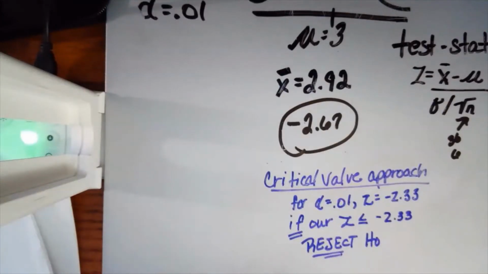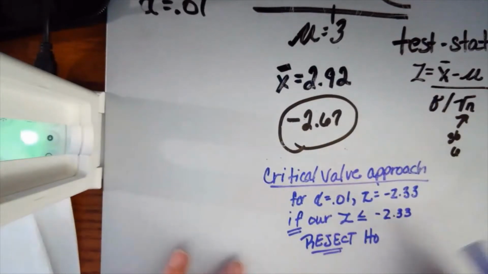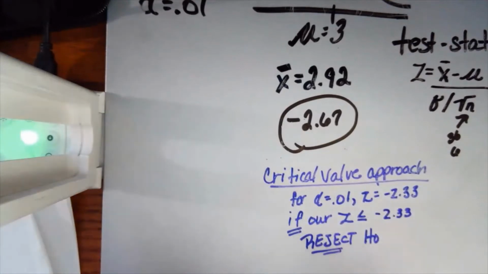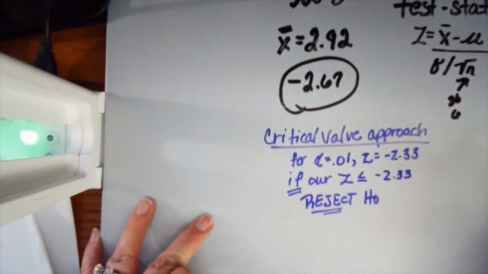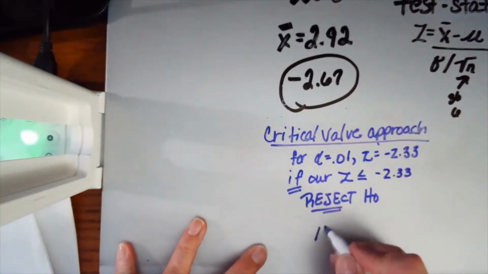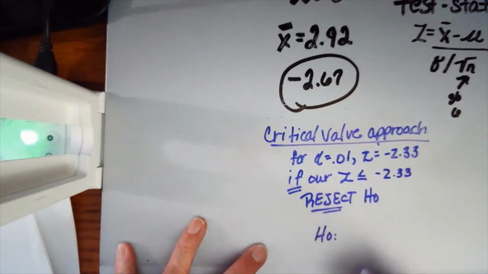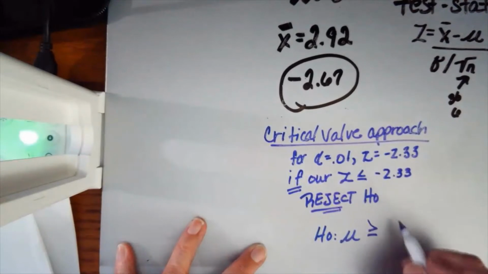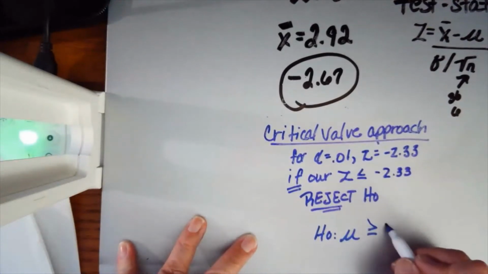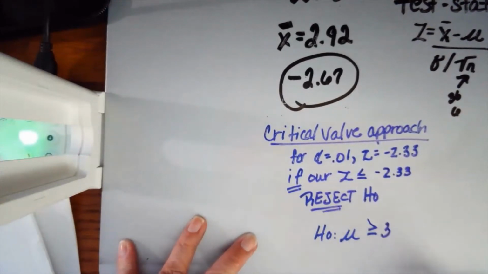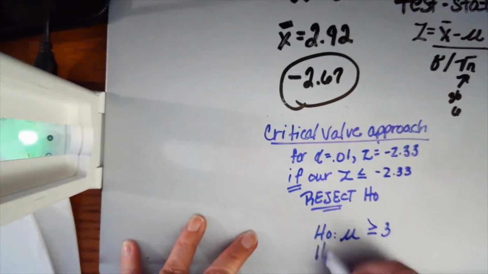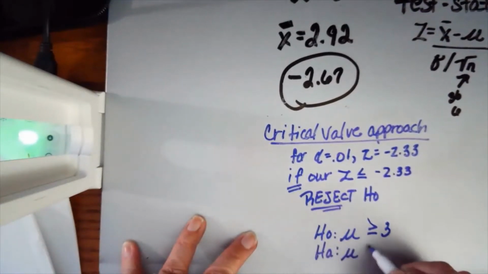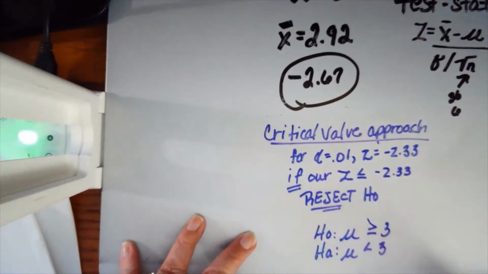Okay, so for our critical value approach, we have to figure out what our rejection rule is. Because our hypothesis was set up with the null hypothesis being greater than or equal to 3 pounds of coffee, our alternative hypothesis was that it would be less than 3 pounds of coffee.